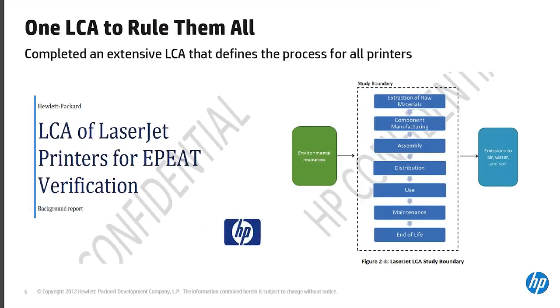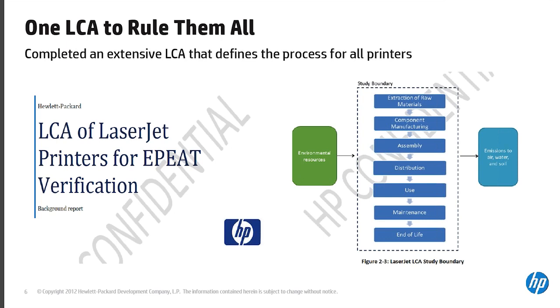So what we at HP did that's unique, we think, within our industry is we worked with a company called PE International, which is now called ThinkStep, to do an LCA that's an overarching LCA for our printer fleet in general. So rather than doing it on an individual product basis, we said, look, printers all have certain basic components that are similar from one to another.